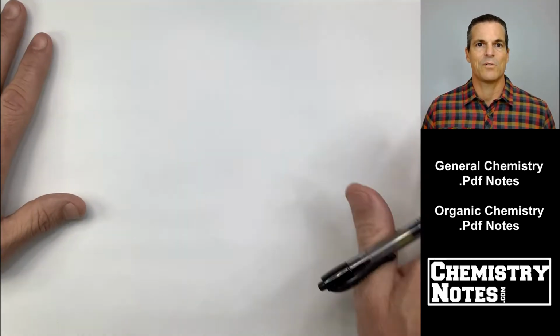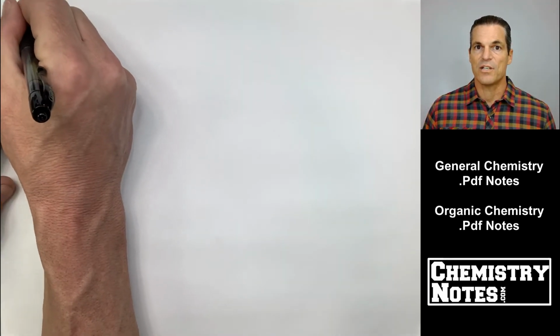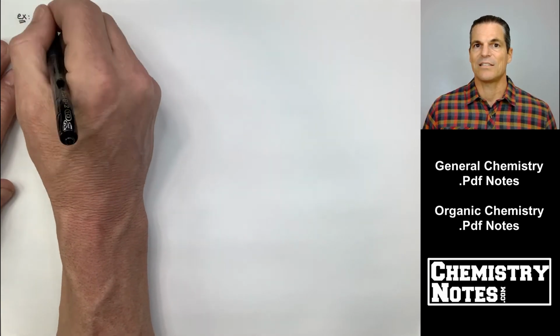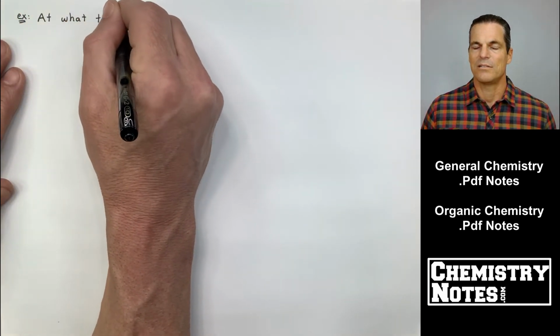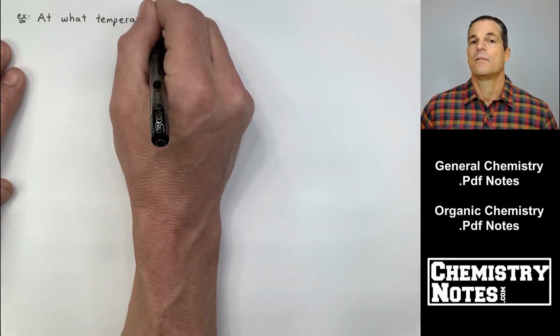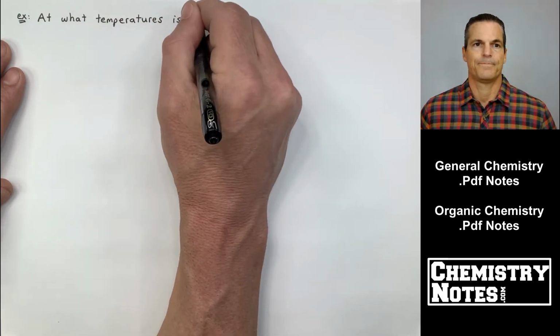So we have to take into account delta H and its magnitude, delta S and its magnitude, and also the fact that temperature is in that equation. All right? So let's do an example.